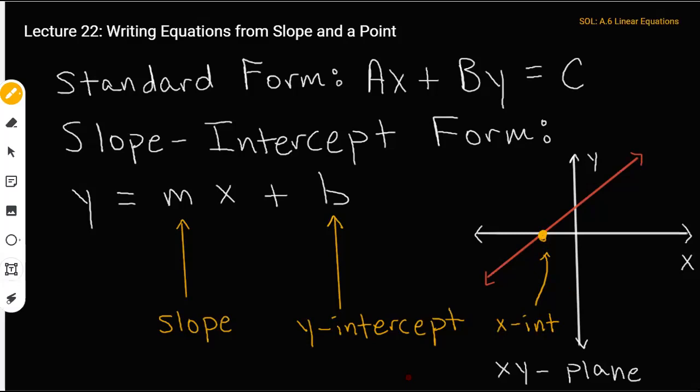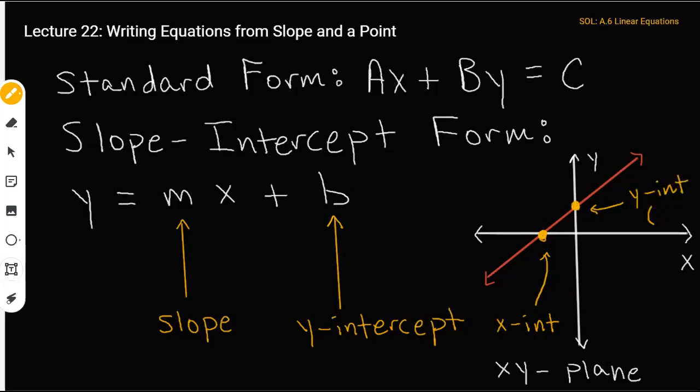But then it also has a y-intercept, right? It's going to cross the y-axis right here. So I'm going to put a dot there too. And I'm going to label it the y-intercept. So this is going to be the y-intercept.